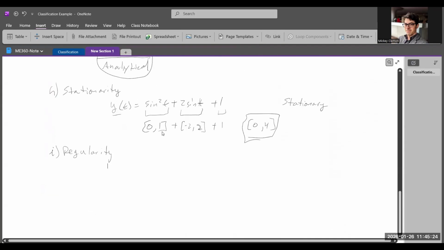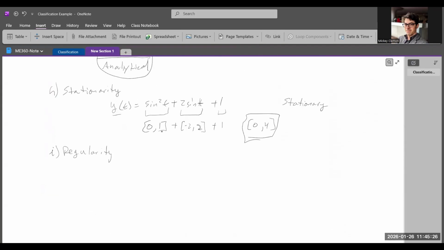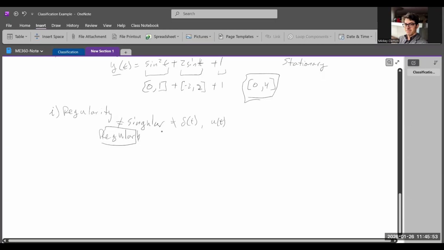And so we actually get regularity out of that too. So it is not singular. That's the main thing we're looking for with this one: is it singular? Is it, like a delta function or a step function, some impulse? It is not one of those. And so we get a regular signal.